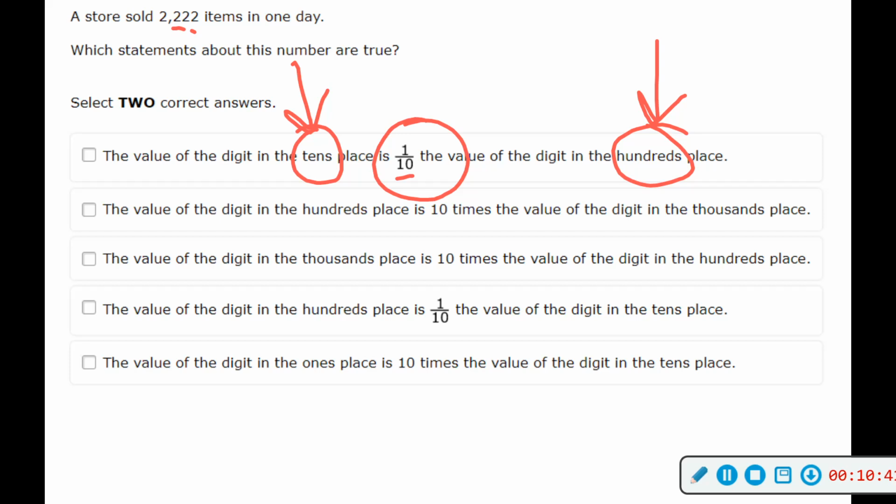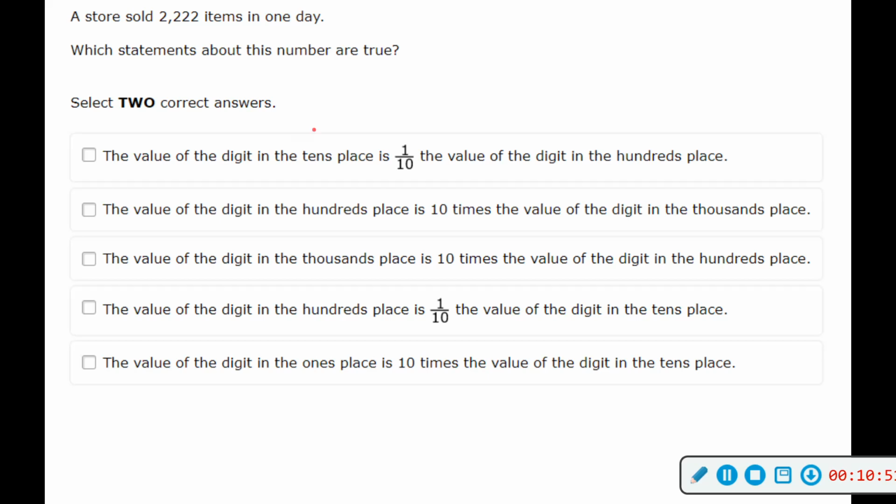So from now on, let's just look, since all the digits will be the same in this number, solely at the value that we're comparing these two places to be. Again, is the tens place 1/10 the value of the hundreds place? Meaning that is the tens place less than the hundreds place by 10 times the amount?